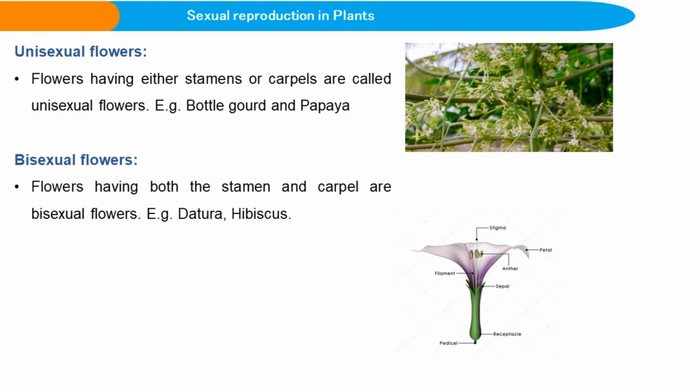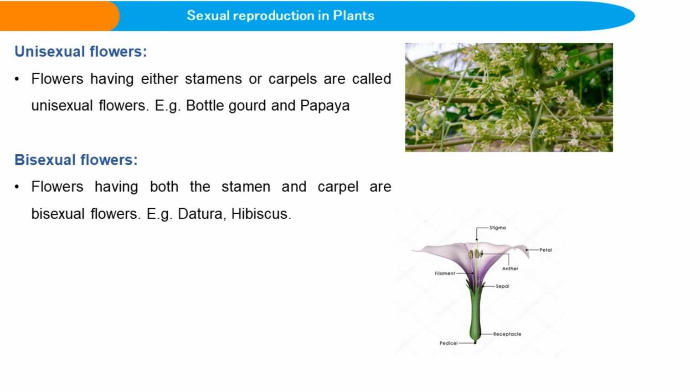Actually the flower contains four layers, that is calyx, corolla, androecium and gynoecium. But in some flowers, along with calyx and corolla, either androecium is present, then we call it a male flower, or gynoecium is present, then we call it a female flower. So, they are having either androecium or gynoecium, and we call them unisexual flowers.